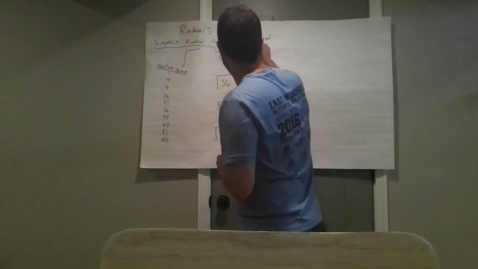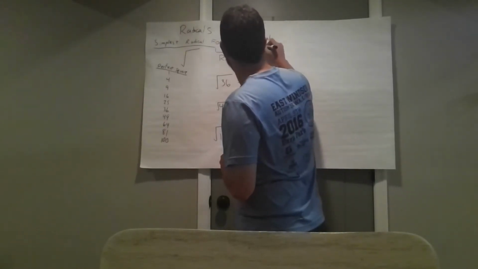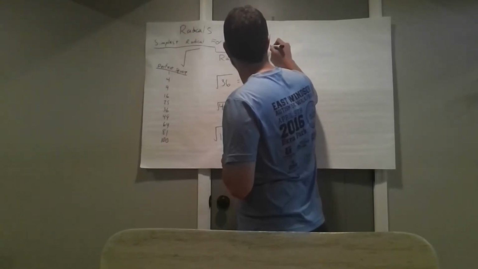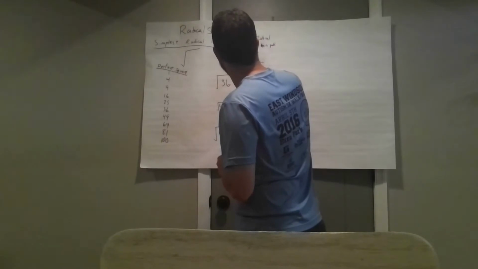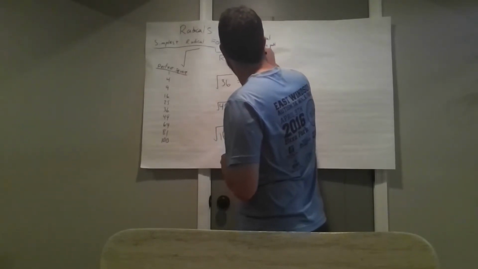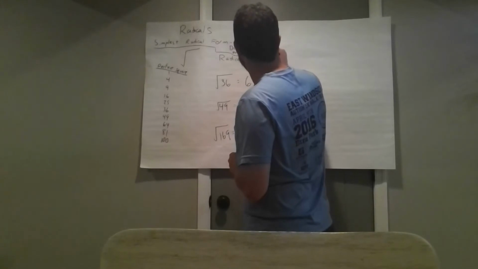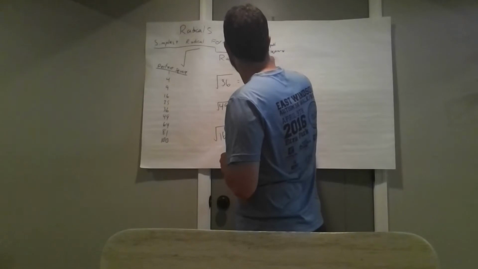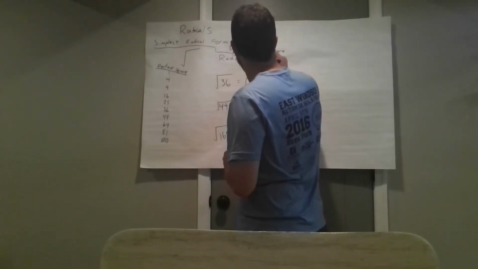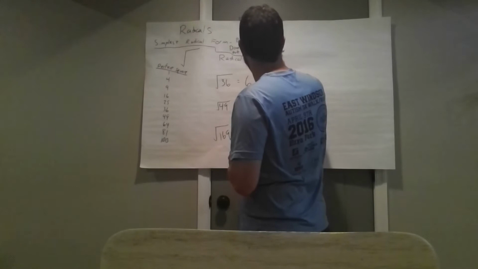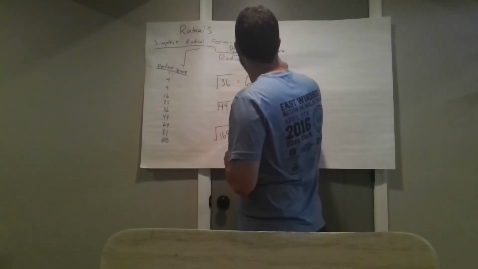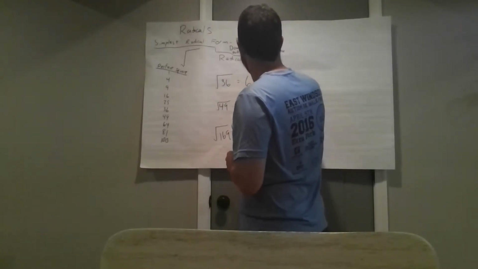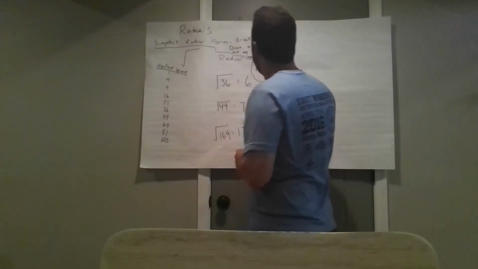So let's say we can pull out any perfect squares and get smaller numbers under the radical.